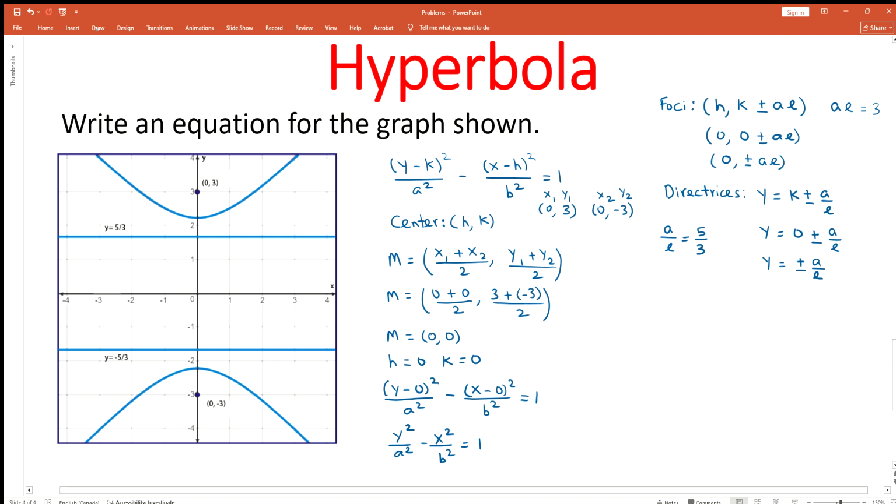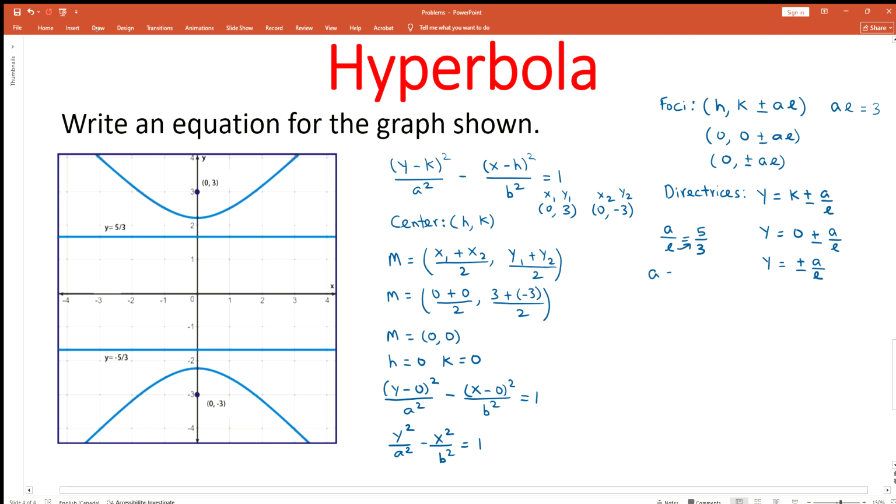So we have two equations with a and e. The first equation is a times e equals 3, and the second equation is a over e equals 5 over 3. We can use these two equations to find the value of a. We can simplify the equation a over e equals 5 over 3 by cross multiplying e to the right side.